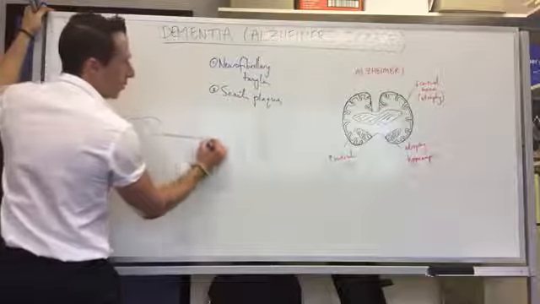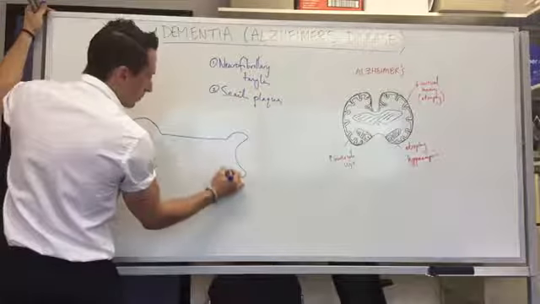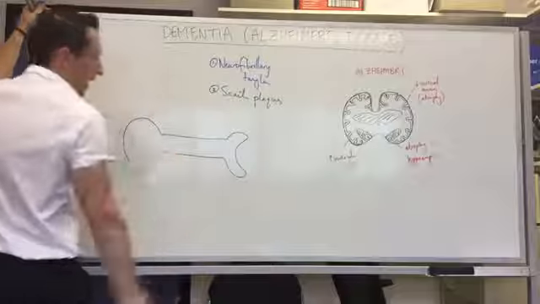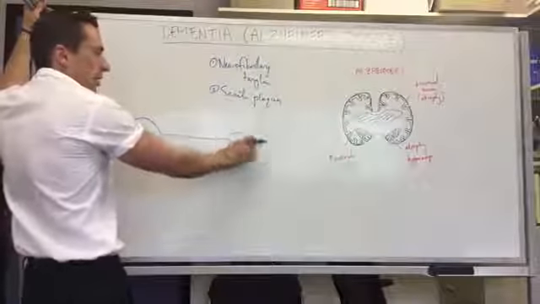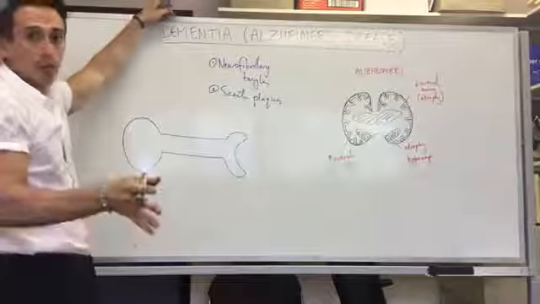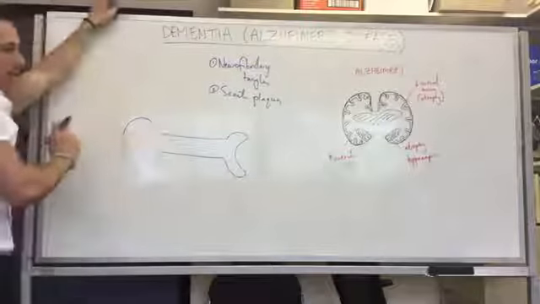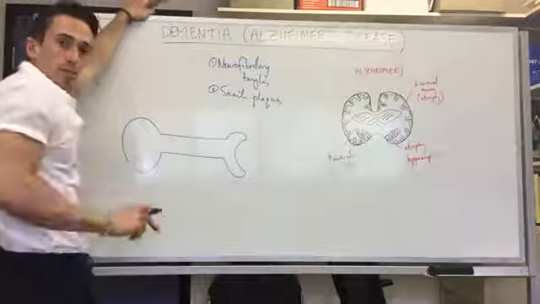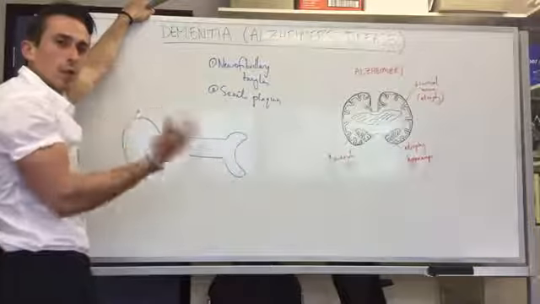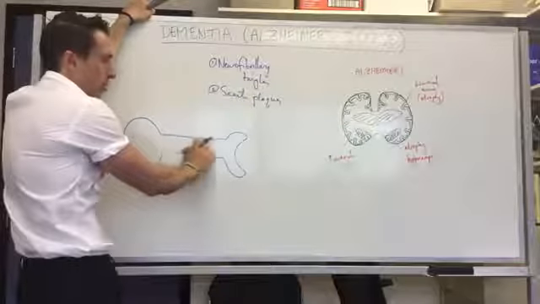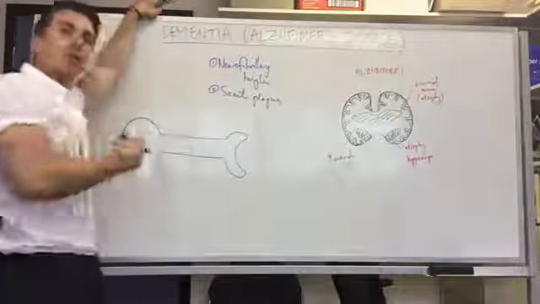So firstly, within a healthy neuron, healthy neurons want to send signals from the cell body down the axon to the synapse so it can release neurotransmitters. Okay, that's a healthy neuron. It doesn't just send action potentials. Okay, it needs to send proteins, it needs to send nutrients, it needs to send other important molecules either in that direction of the neuron or in that direction of the neuron. How does it do it?